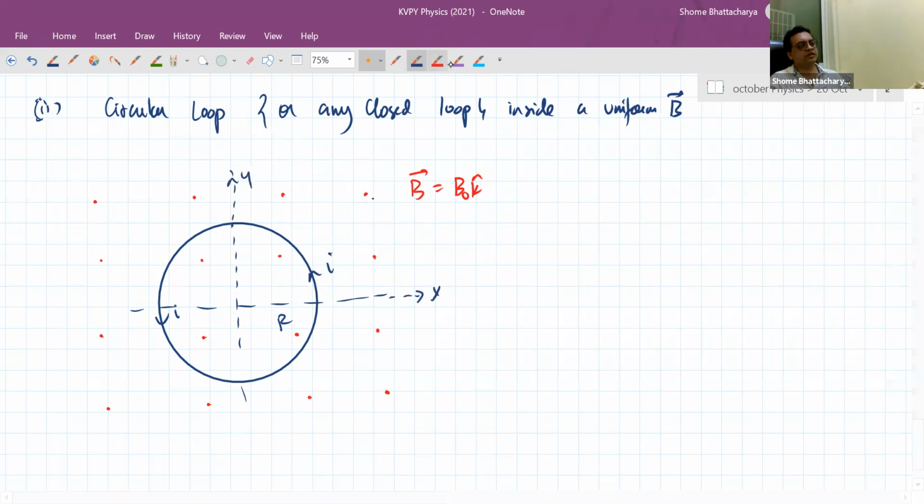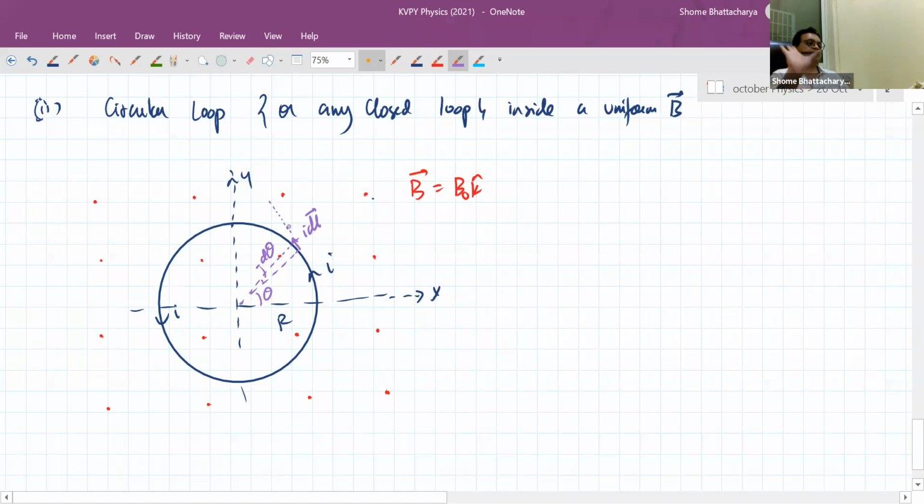So what we'll see here is that if you consider any current element at an angle theta, it subtends a small angle d theta. Now you can see what the direction of the force is going to be on this. IDL is pointing along the tangential direction. B is coming out of the plane, so it's perpendicular to it.